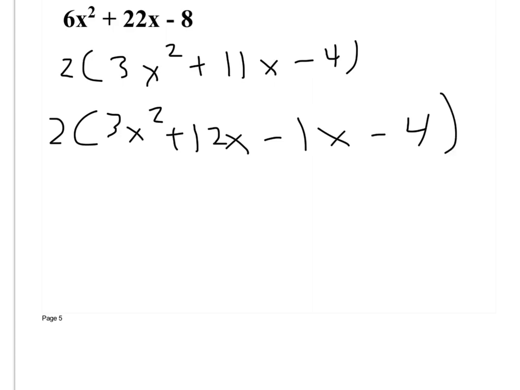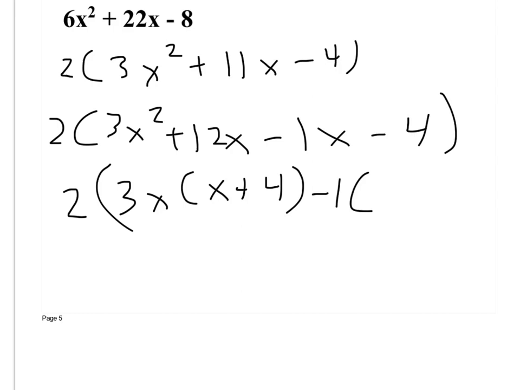So then what I do is I group 3x squared and 12x. What can I take out of 3x squared and 12x? 3. What else? X. What's left? X. And the first one, what's left when you take 3x out of 12x? 4. What do I need to take out of negative 1x and negative 4?